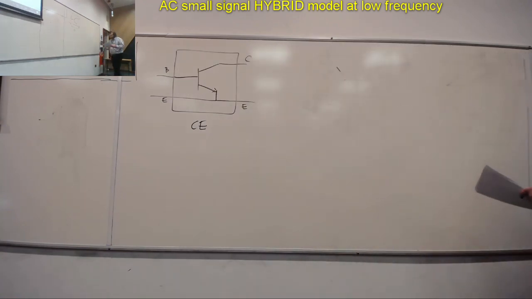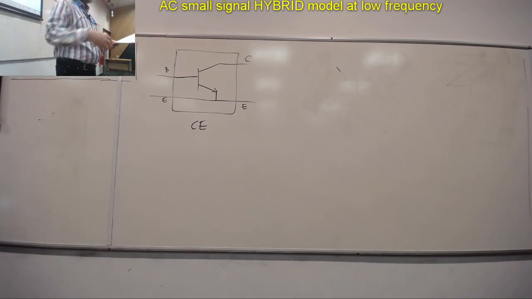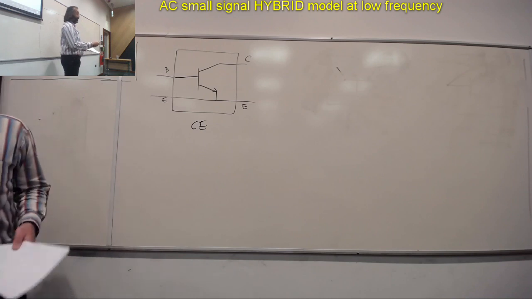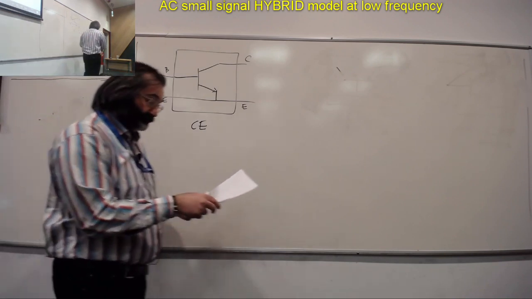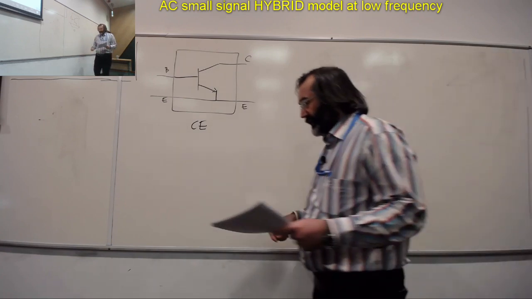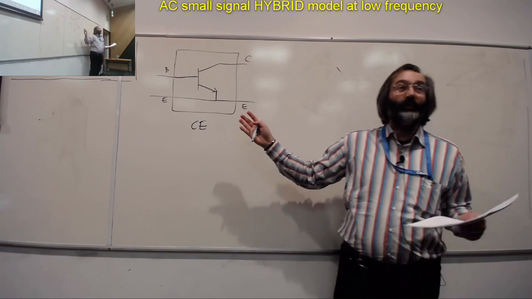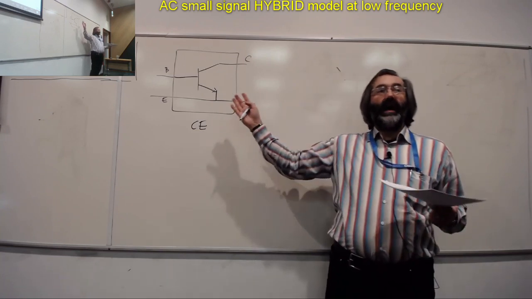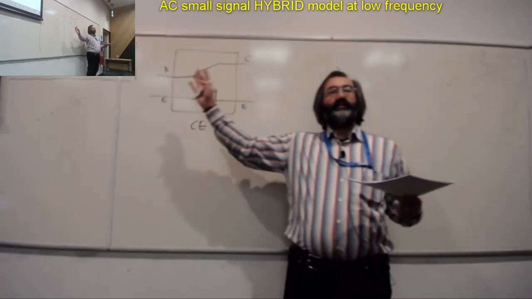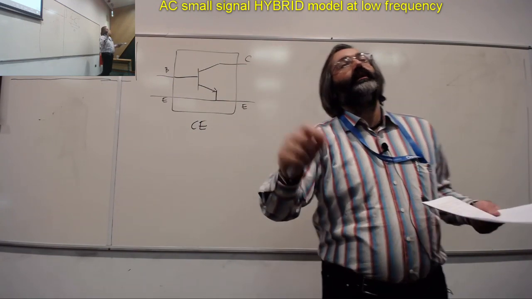Okay, so let's talk about then the AC small signal model. How do we apply it? As I was anticipating previously, we know now everything, or we should know, on how we can bias this device properly to place it in a specific quiescent point.